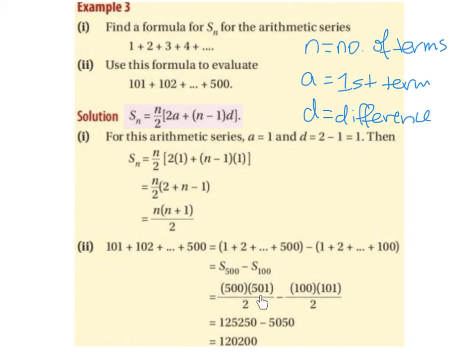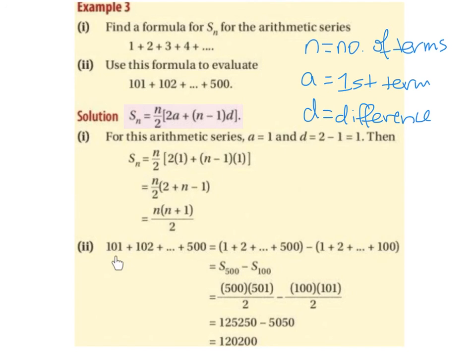So then 500 times 501 divided by 2 is going to be 125,250. Bring down the minus. And 100 times 101 divided by 2 is going to be 5,050. And then this minus this will leave us with this: 120,200.